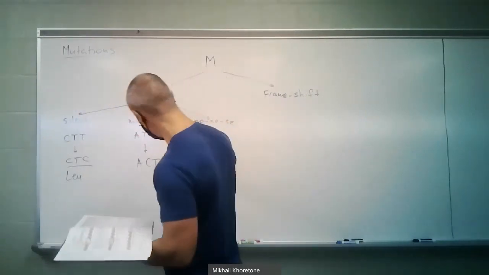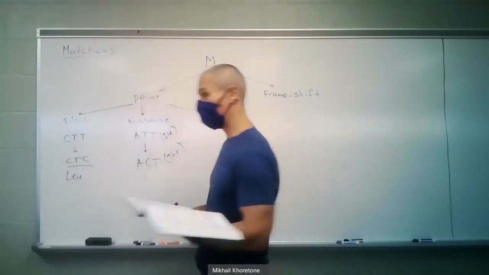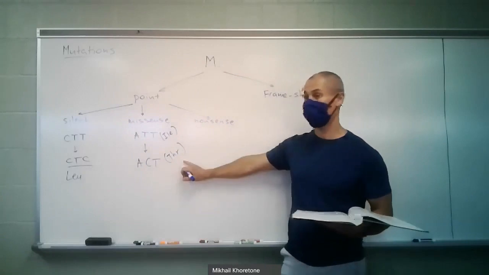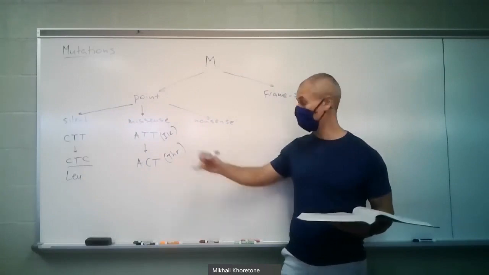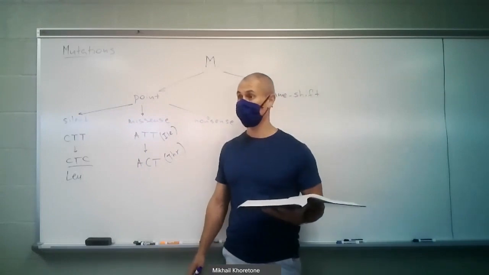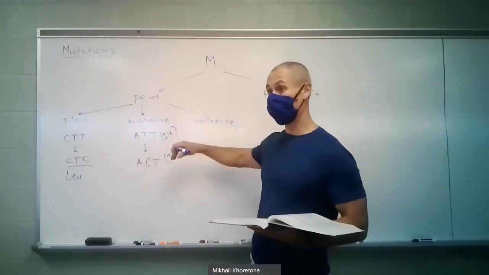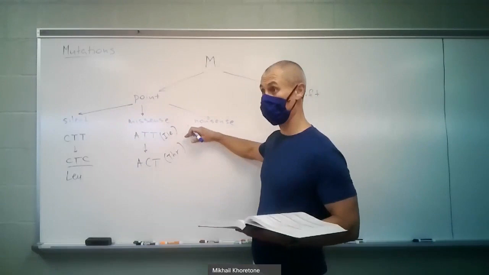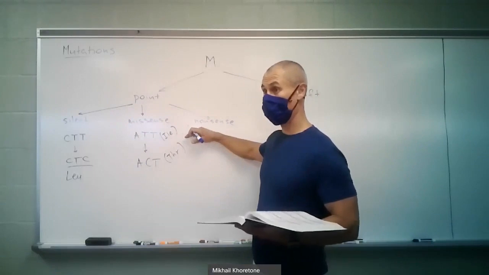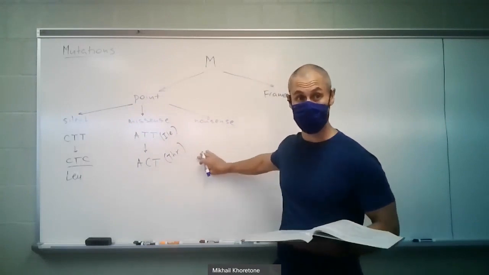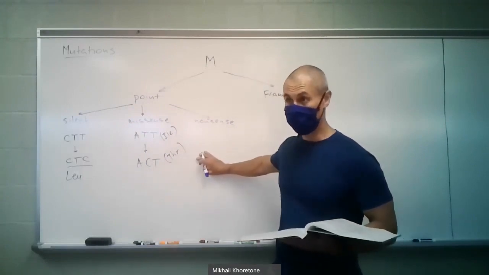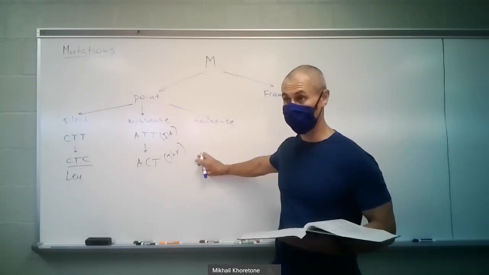This is the codon for threonine. Does that make sense? So you see why it is missense, because one amino acid becomes replaced by another amino acid in the protein structure. Does that make sense? Good?